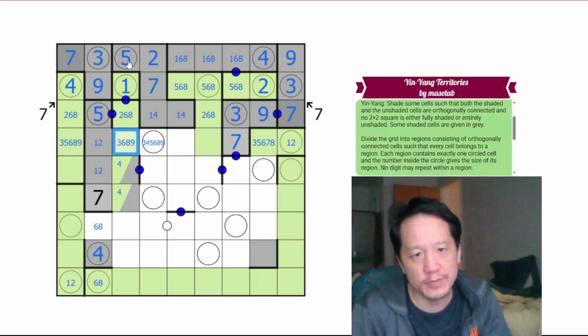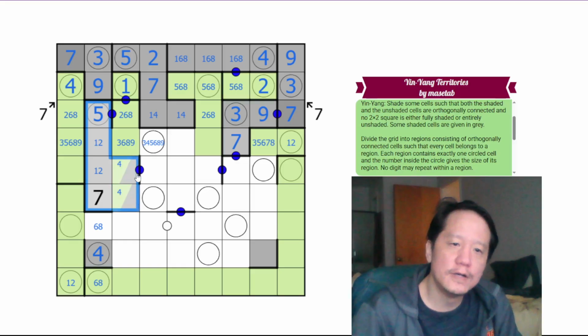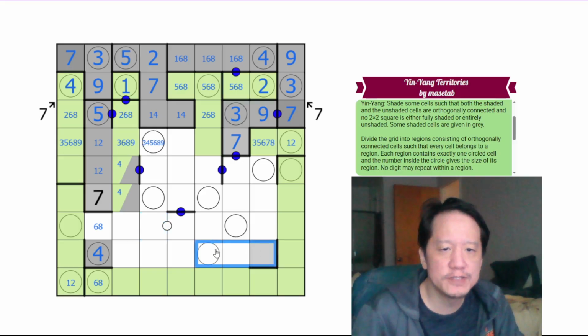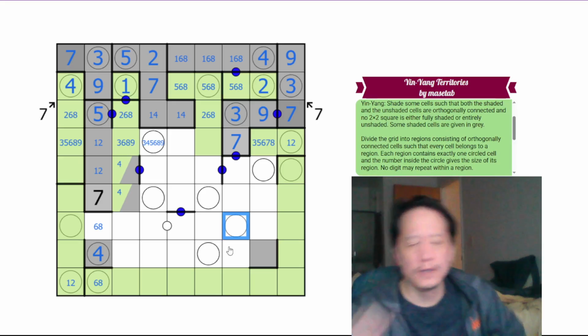No 5 here because of 5 in the column. This must go to a region that's shaded.